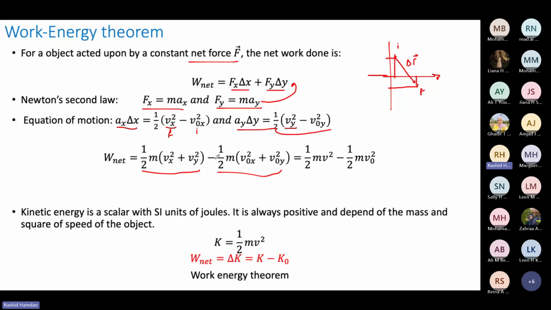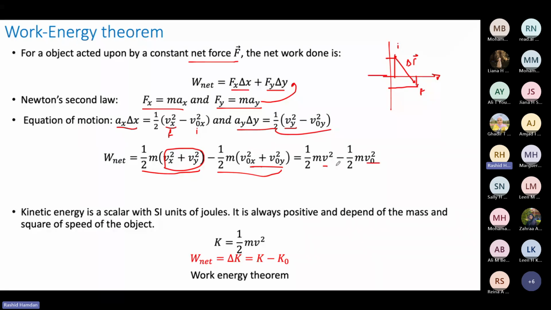Now this vx squared plus vy squared is the magnitude of v squared. So this is v squared. So it's the final speed. I'm no longer talking about velocity, only about speed. So it's v squared, and of course, this is the same but at the initial position. So the net work gives us half m (v squared minus v0 squared).